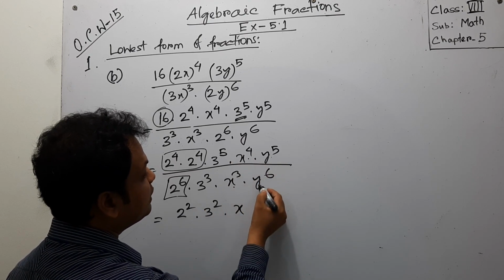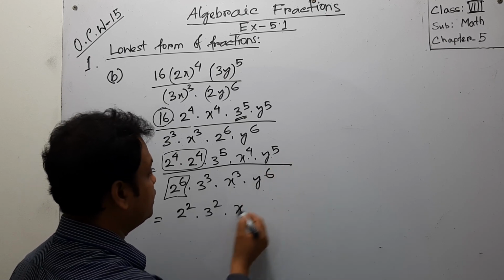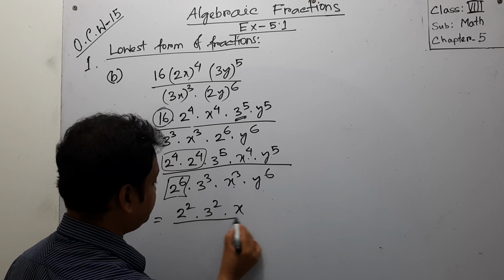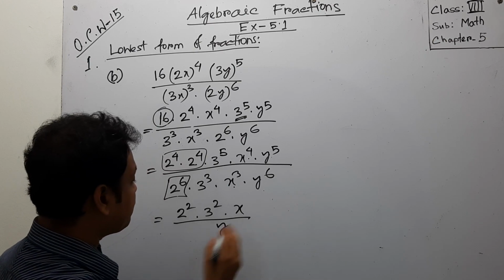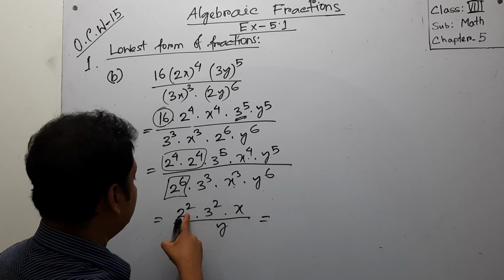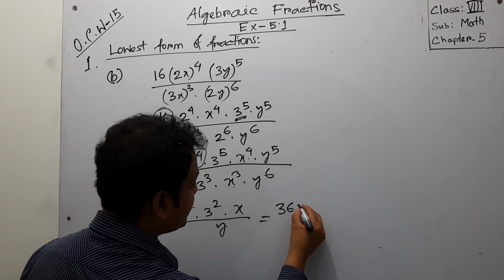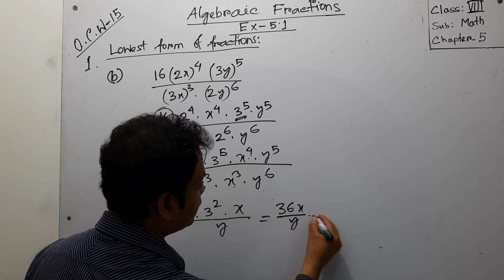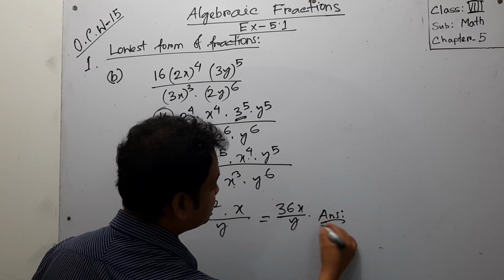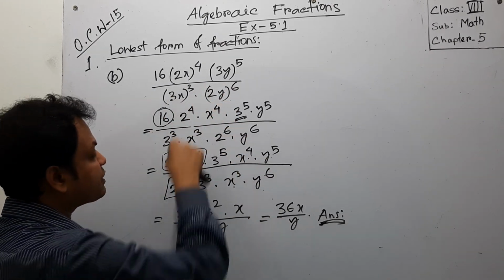And for y power 5 and y power 6, if we cut, we get y here. Calculating, 2 square is 4, 3 square is 9, 9 times 4 is 36, into x divided by y. So this is the result, the lowest form of the given expression.